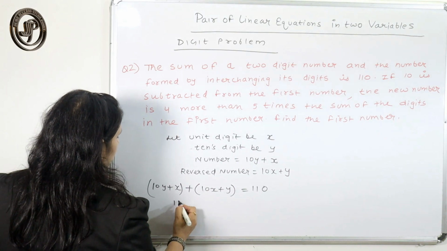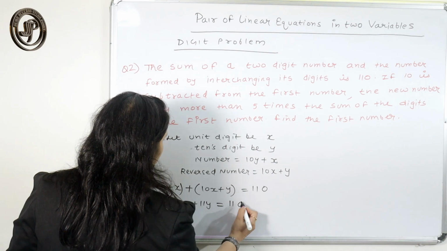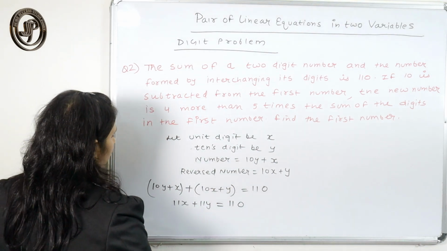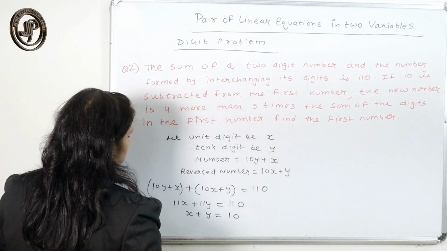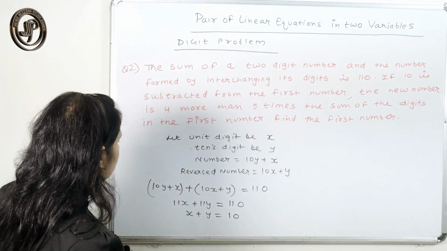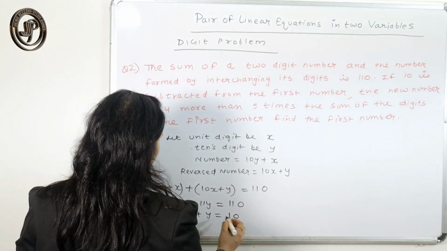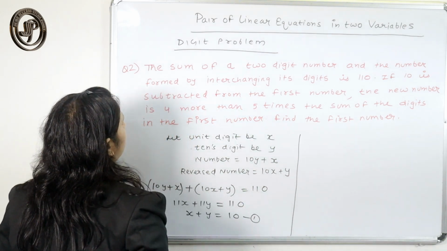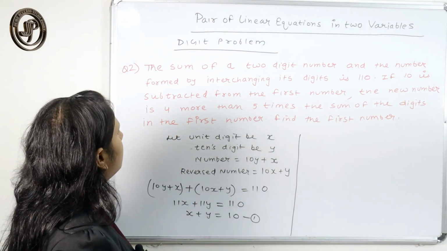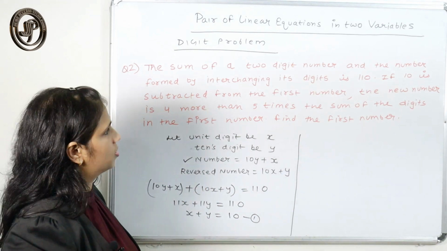Now if you just simplify, you will get 11x plus 11y is equal to 110. If you divide by 11, you will get this. Okay, so that is your first equation. Now what is the second condition? If 10 is subtracted from the first number, so this is your first number.